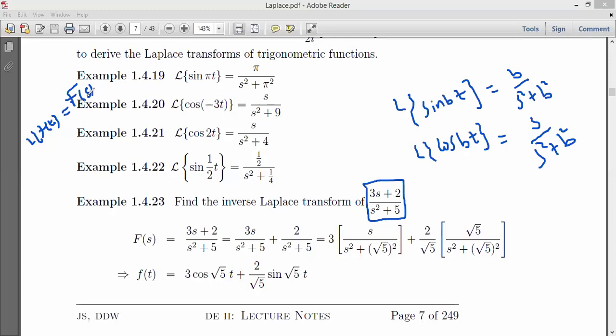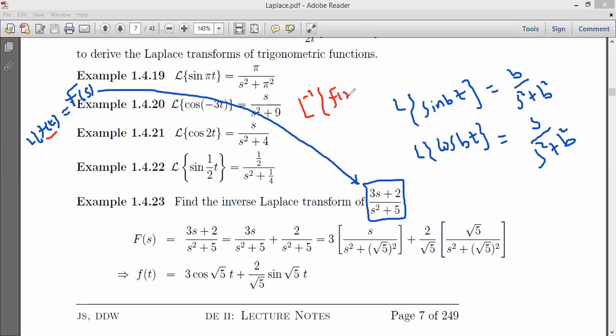So we are moving from F(s), because this is F(s) here. That F(s) is what we have. The question is, how do we move from F(s) and go back to f(t)? We want to go back to this f(t) here. That is now the inverse. So we are looking for the inverse Laplace transform of the given function F(s).